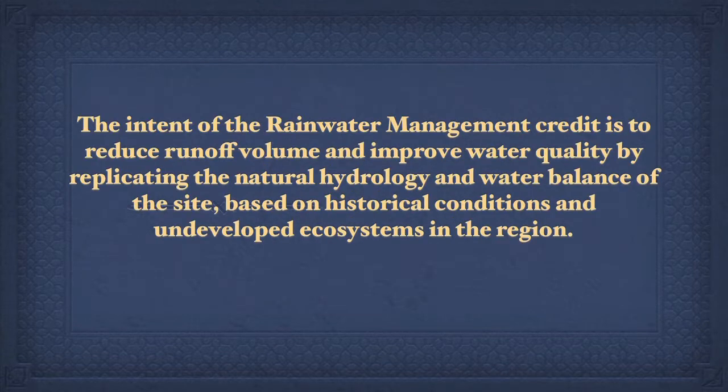The intent of the rainwater management credit, shared verbatim between BD&C and O&M, is to reduce runoff volume and improve water quality by replicating the natural hydrology and water balance of the site based on historical conditions and undeveloped ecosystems in the region.